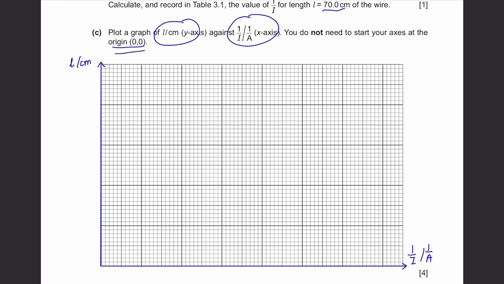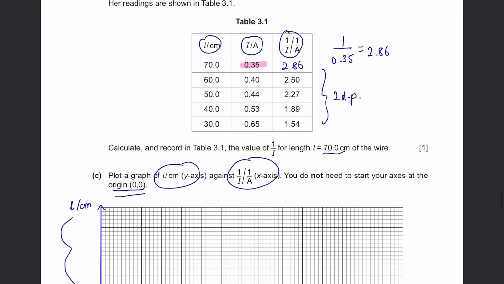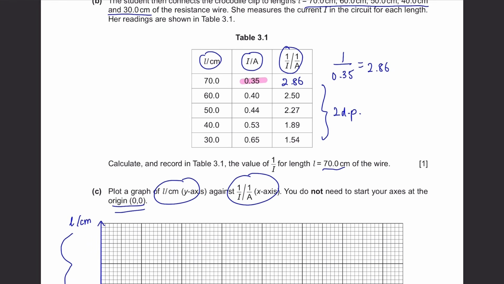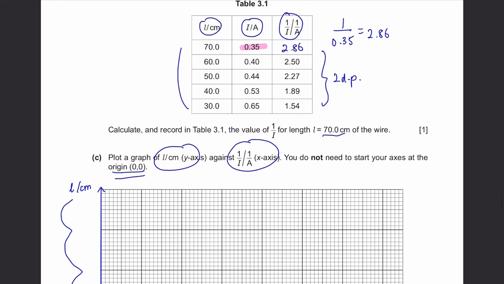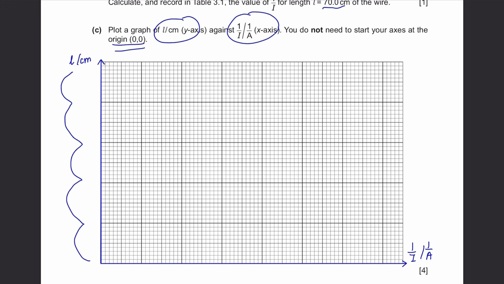Alright, so for the y-axis, we have 5 big squares. And for length, they're from 30 to 70. So I guess you can just put these numbers, meaning we start from 30, 40, 50, 60, 70, and 80.